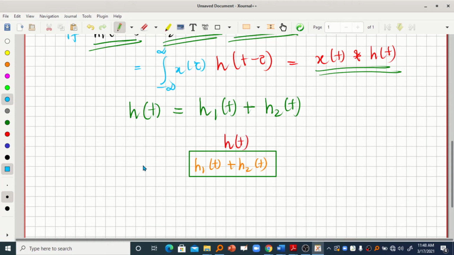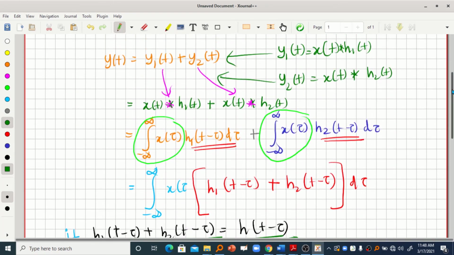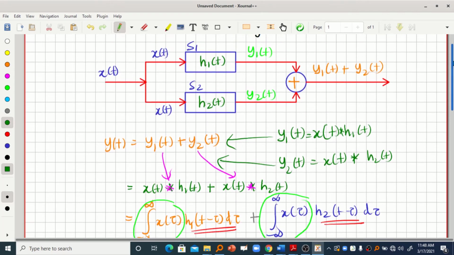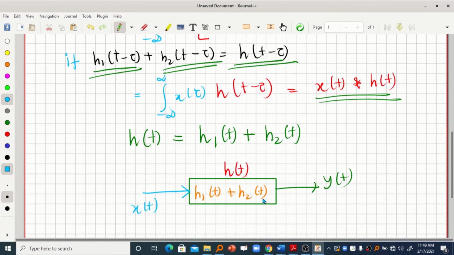And if you give the input x of t into this connection, you will get y of t, right? So instead of connecting two systems with h1 of t and h2 of t in parallel, see this is h1 of t, this is h2 of t, we can add the impulse responses of h1 of t and h2 of t inside the system, and give the input x of t to obtain the same output y of t.